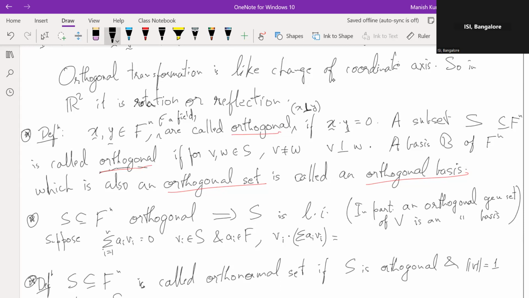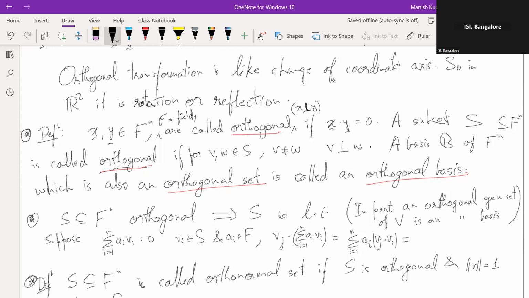Whichever way you want to see it, this is just summation, i equals 1 to n, of ai vj dot vi. But S is an orthogonal set, so this is going to be 0 unless i is equal to j.